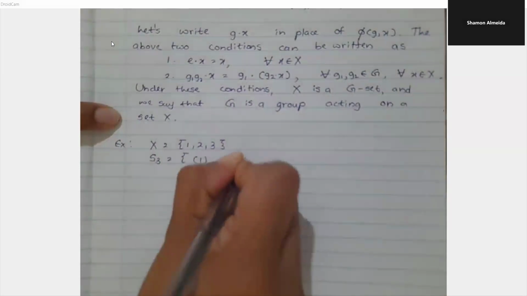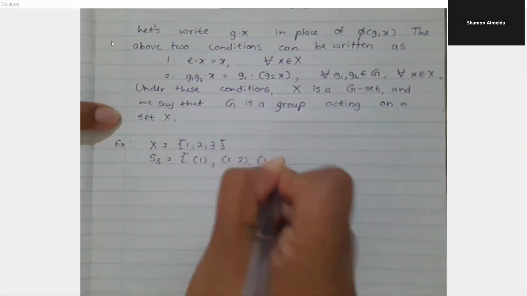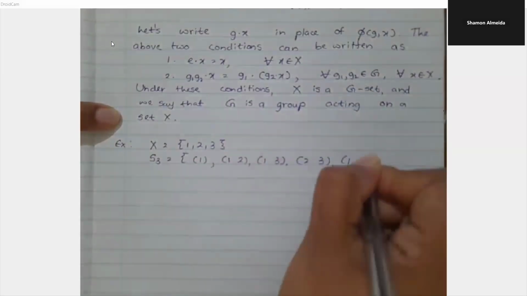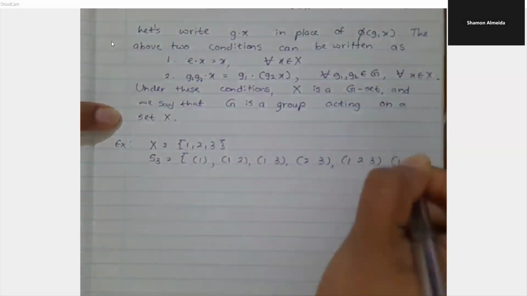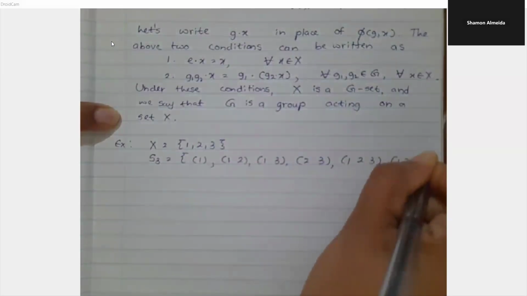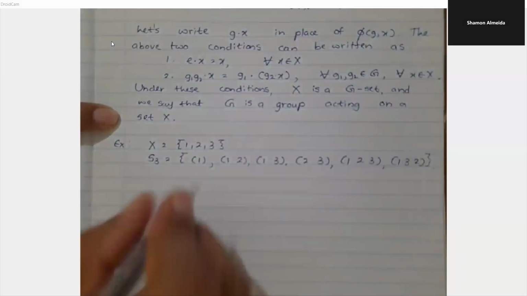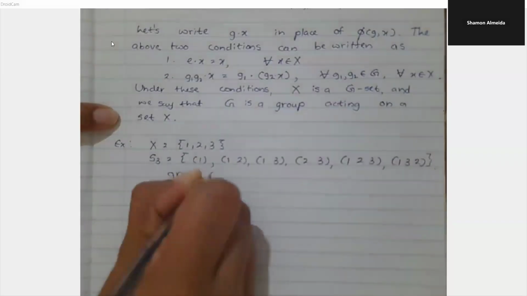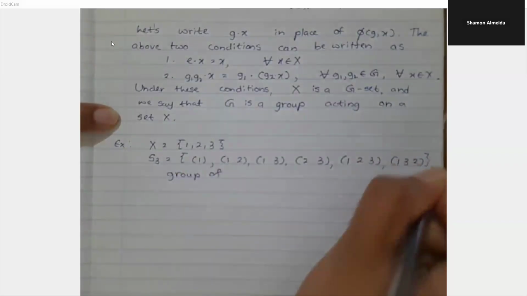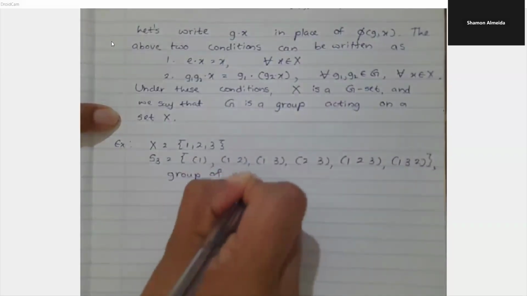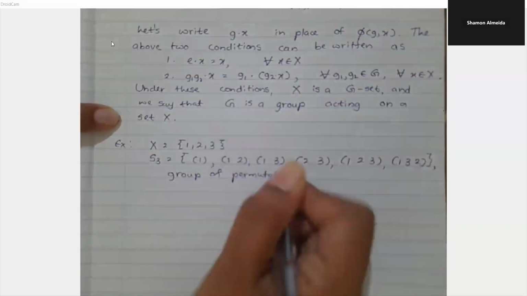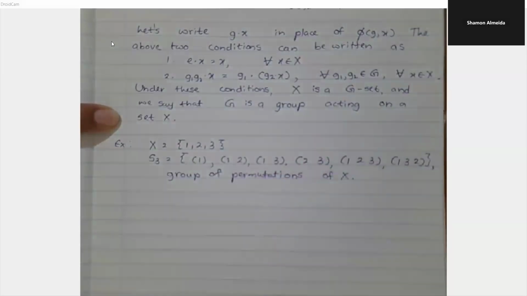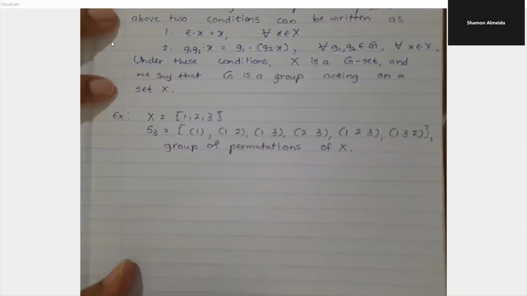Then we have the identity, (1 2), (1 3), (2 3), (1 2 3), and (1 3 2), all given in their cycle decompositions. This is the group of permutations of X. Right.